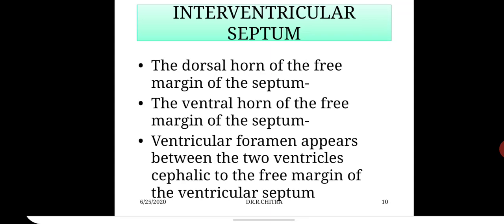The ventral horn of the free margin of the septum is continuous with the ventral AV cushion. So the cephalic margin of the ventricular septum is arranged in a somewhat twisted manner. A ventricular foramen appears between the two ventricles.